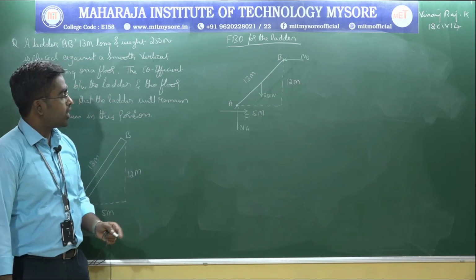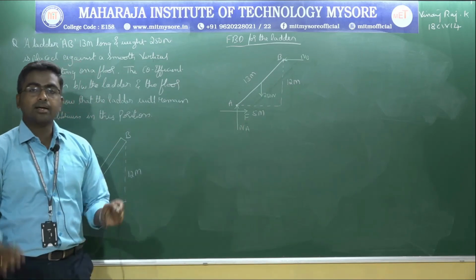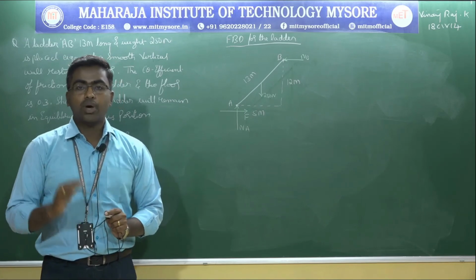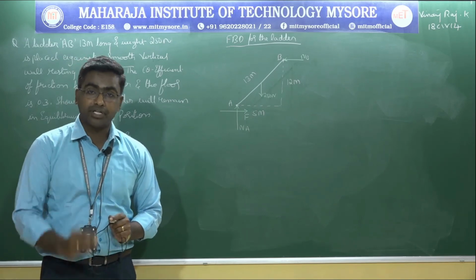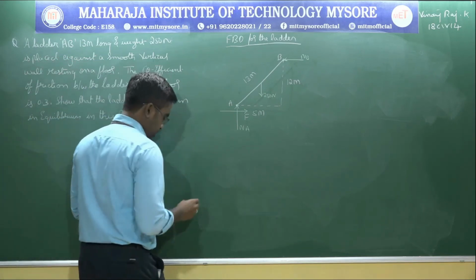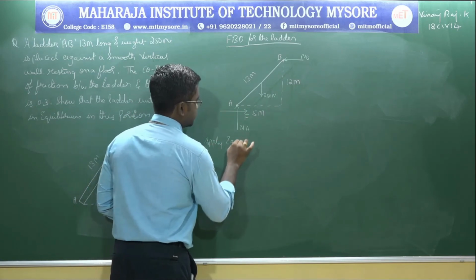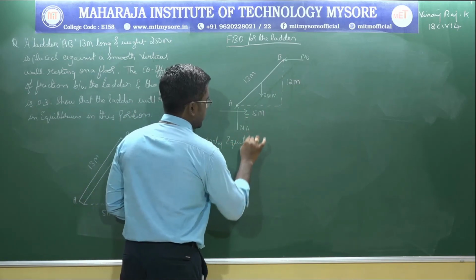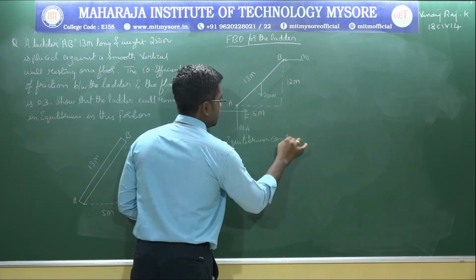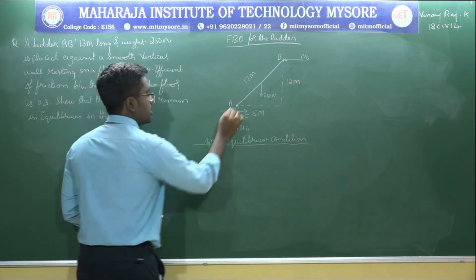So this is how you need to write the free body diagram for the ladder. Now in order to find out the minimum friction required in such a way that the ladder should be in equilibrium position, I need to apply the equilibrium conditions.